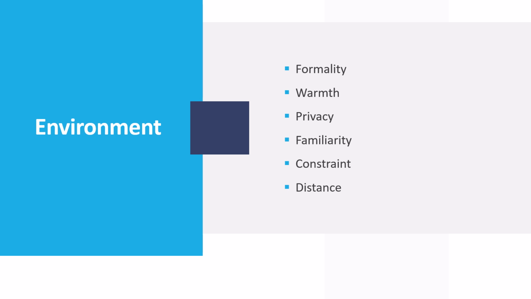Environment often heavily impacts the way we communicate, especially with our nonverbals. Think of how you might interact with people if you were, say, presenting in a boardroom to the board of directors of a large company.